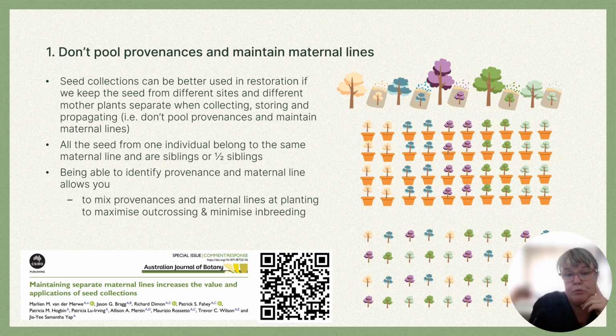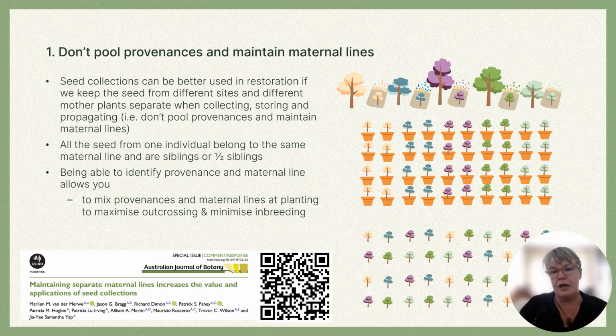So being able to identify different provenances or material from different sites and from different maternal lines allows you, firstly, and this publication talks about, I think, close to a dozen reasons why maintaining maternal lines is advantageous. I'm just going to talk about 2 of them today. But it allows you to mix provenances and maternal lines at planting to maximise outcrossing and minimise inbreeding.